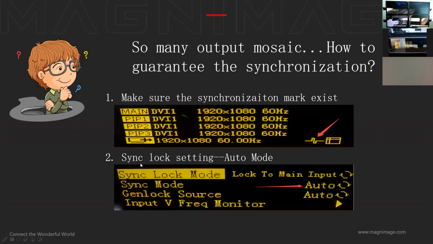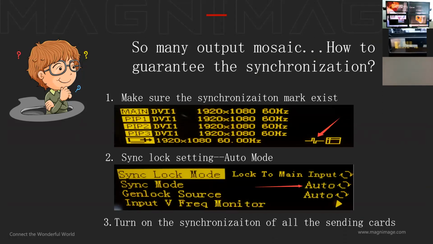Second, we have a sync block setting here, auto. Third, most of you will forget, because some of you are using a 2-in-1 video sending box. This sending box has synchronization also. So make sure to turn on the synchronization of all the sending cards.